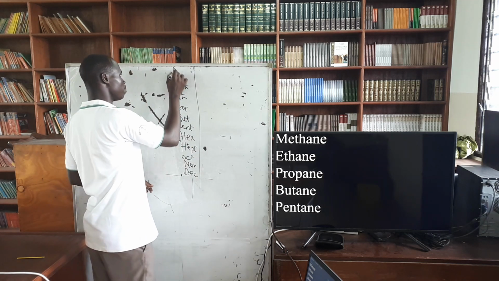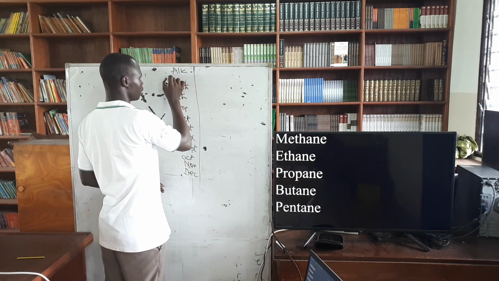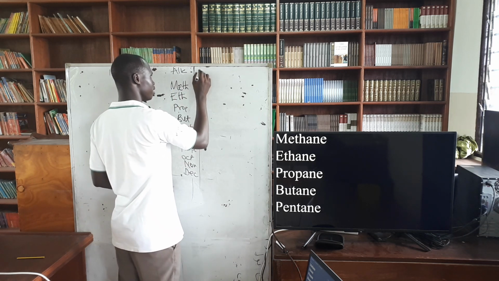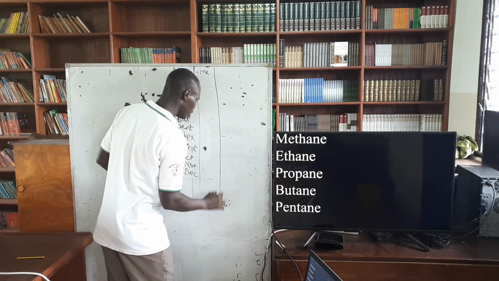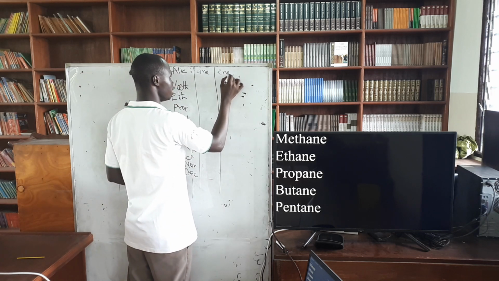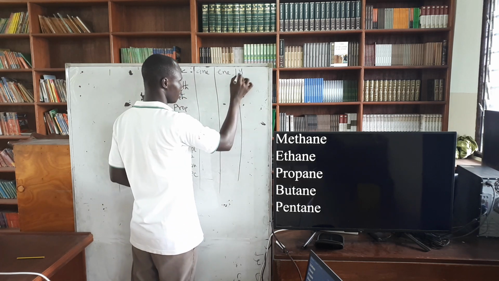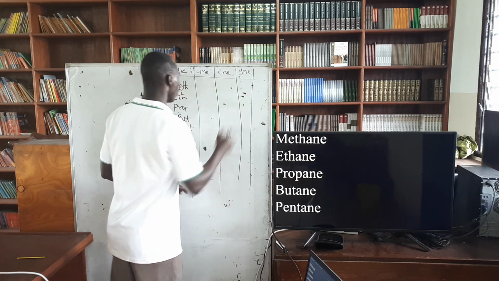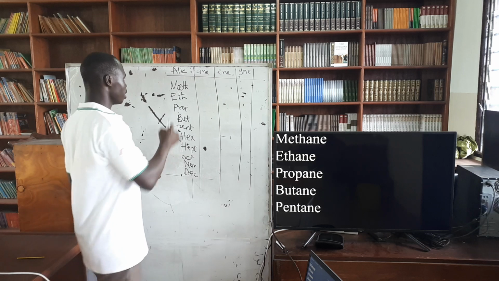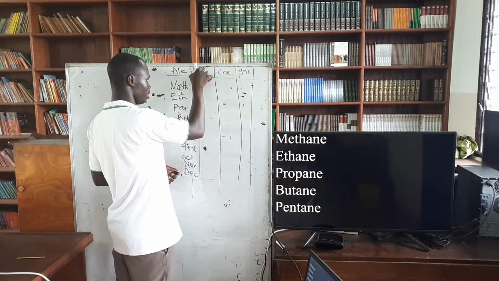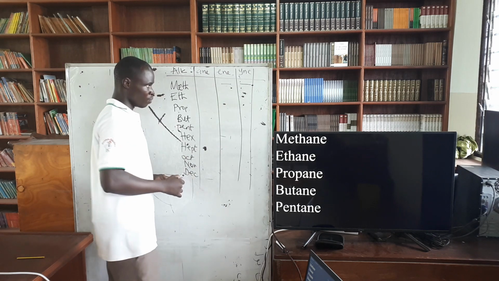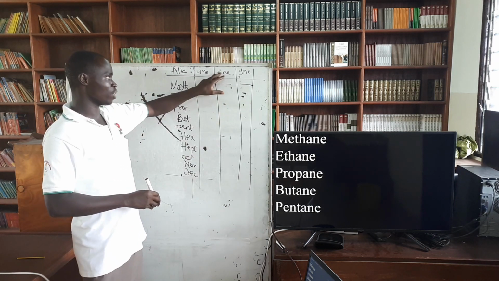Now, this is the prefix part. Then alkane, the -ane, alkene, -ene, then alkyne, -yne. Now, when it comes to the first one, this one will be methane, but this one doesn't have alkene and alkyne, because they have at least 2 carbon atoms.